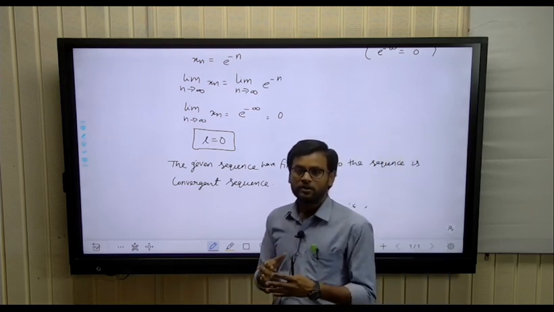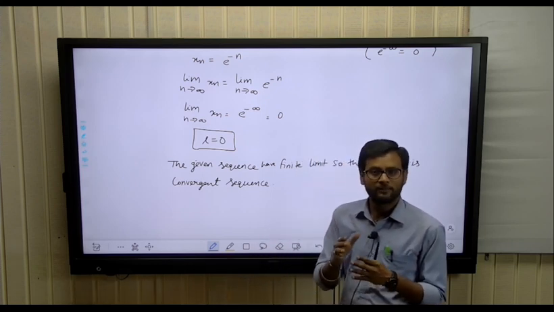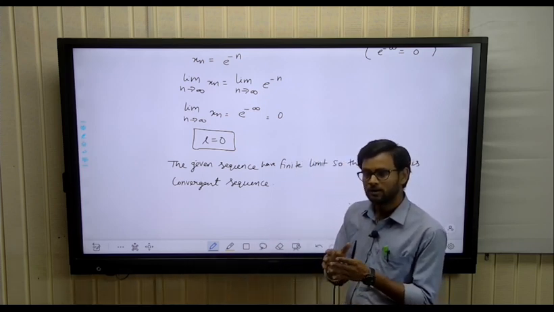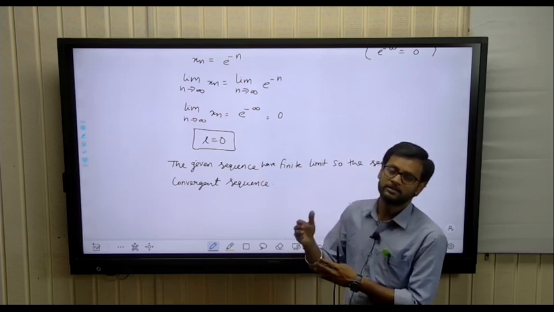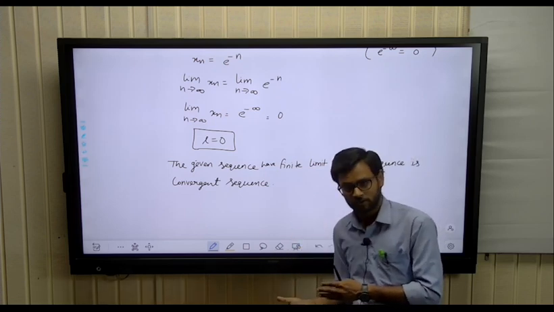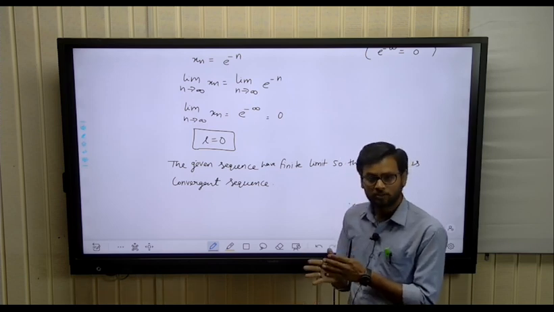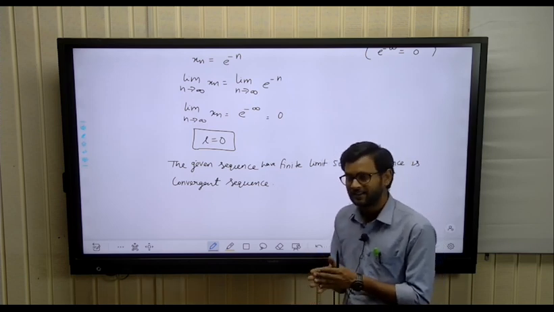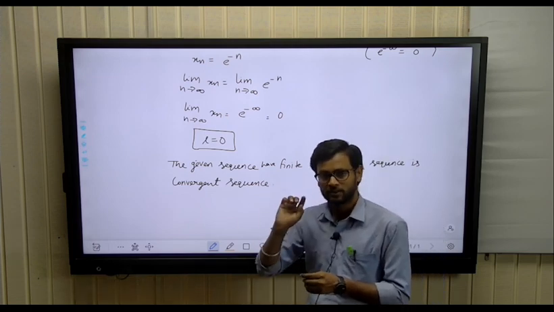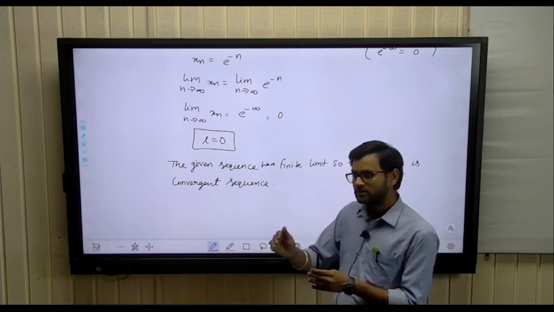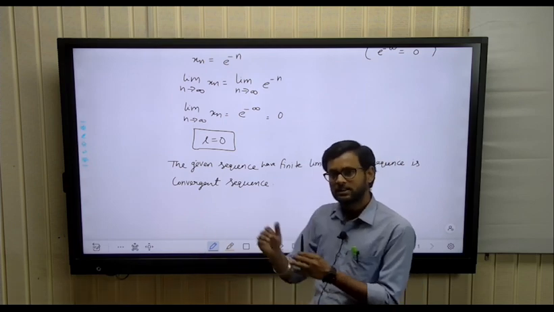When you find the limit of a sequence, if your limit is infinite, then the sequence is called a divergent sequence. So convergent says that if the limit is finite, then the sequence is convergent, and divergent says that if the sequence has an infinite limit, then the sequence is divergent.